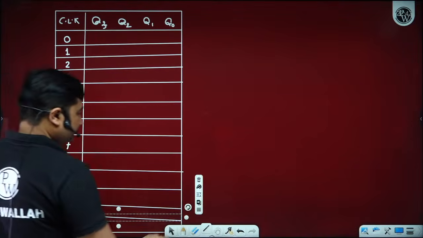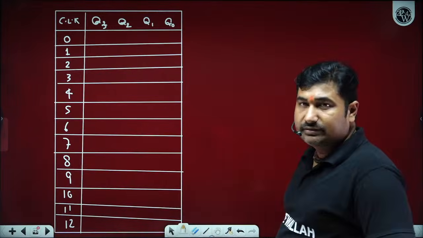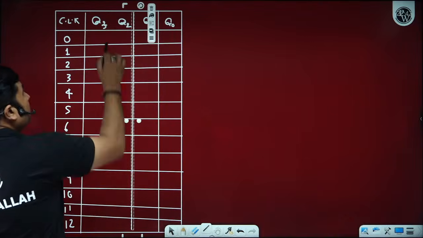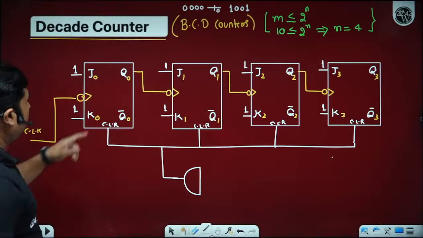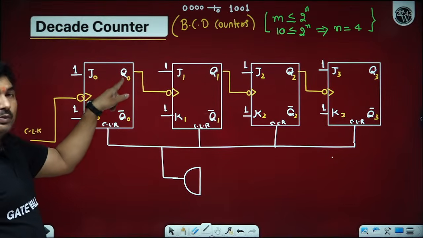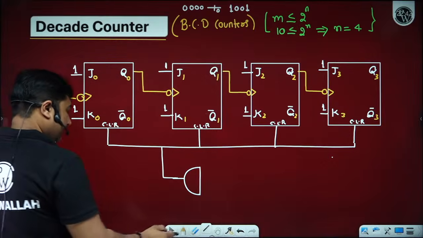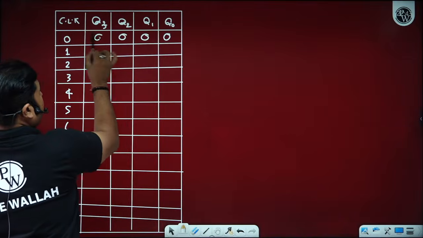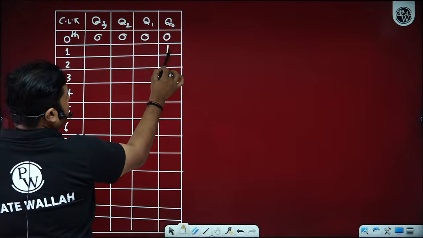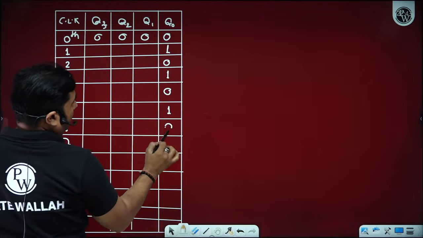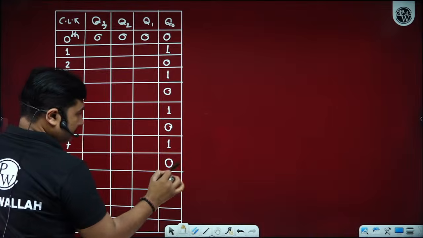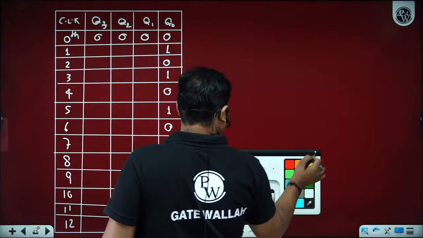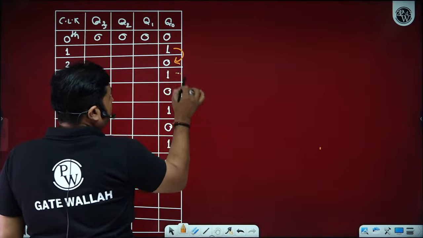Then only it is called a decade counter or a BCD counter. Now please observe, since you have connected the Q0 flip-flop with the base clock, the output Q0 toggles on every clock pulse. It means if initially we consider 0000 on the 0th clock pulse, it toggles on every negative edge triggered clock pulse. Is it okay? Yes, sir. Q1 toggles whenever Q0 changes from 1 to 0.